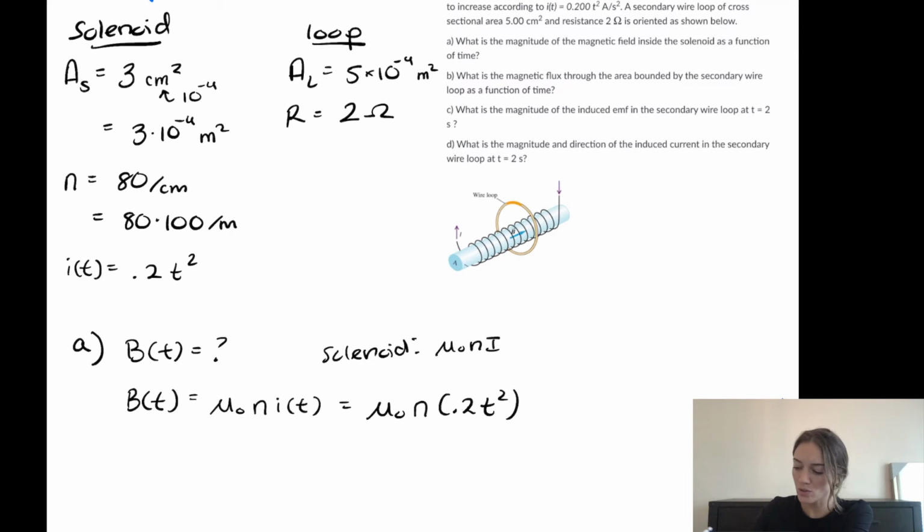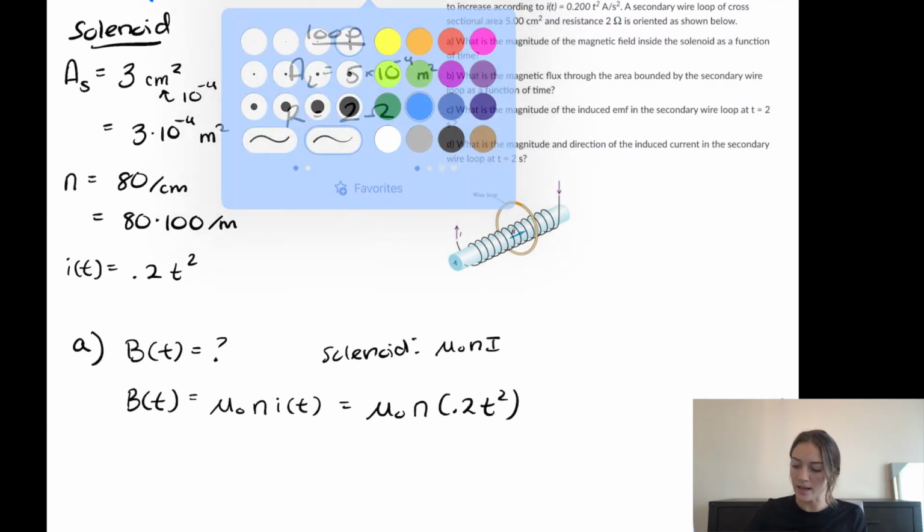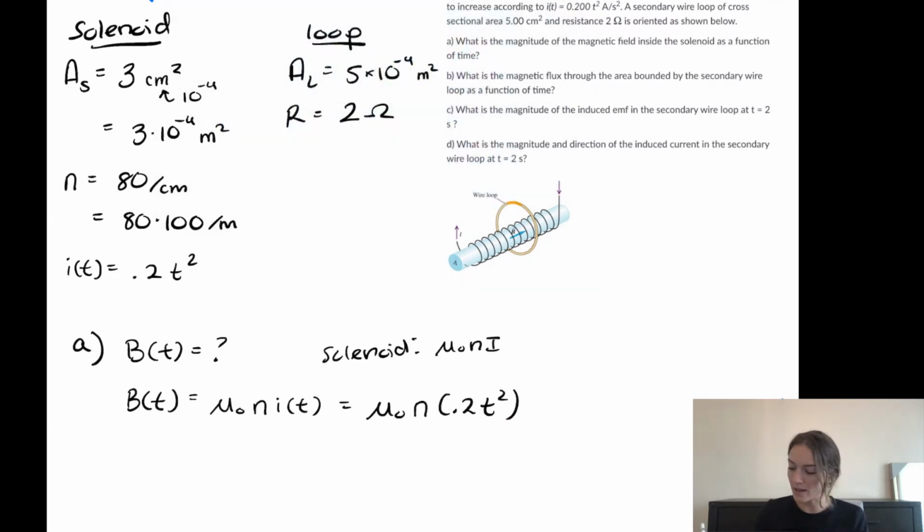So if you were taking this exam and you left your answer like this, that's totally fine as long as your n is defined somewhere clearly. So if you had it written out like this, where n is clearly equal to 8 times 10 to the 4, that's fine. You don't have to plug in all your numbers.